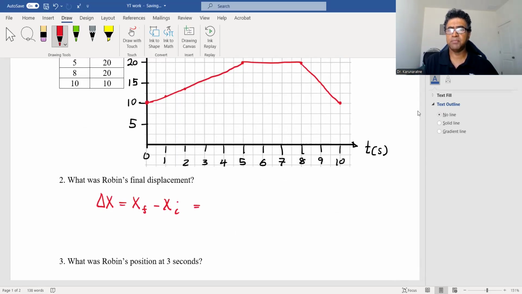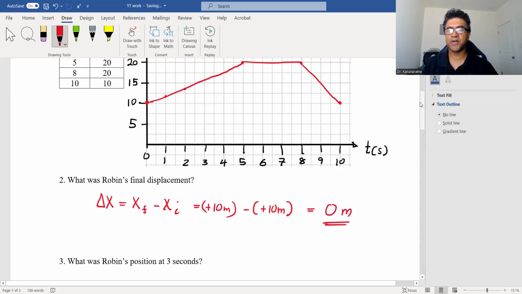For this time period from 0 to 10, the final position is plus 10 meters, minus the initial position, which is again plus 10 meters. So you can see the final displacement is 0 meters. That's the final displacement.